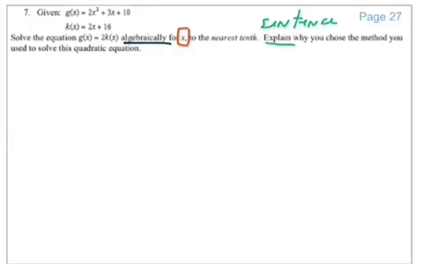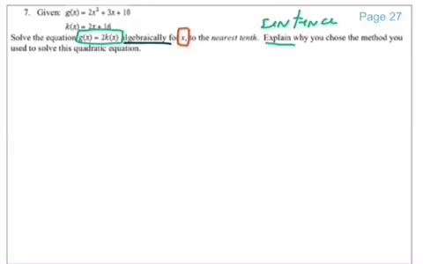Now this question is asking you to solve when g of x is equal to 2k of x. Now, so far we've done g of x equals k of x, meaning you set them equal to each other.